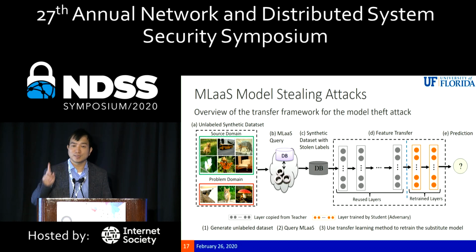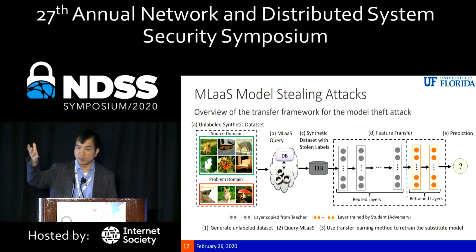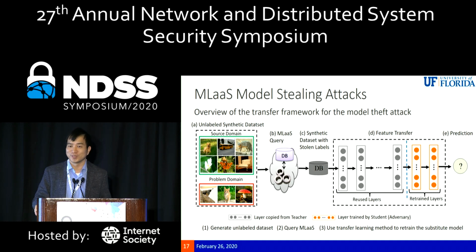And here is another interesting challenge we try to solve: how do you pick the local model? Because if we want to steal the model in the cloud, we need to have a local model. And our result proves that any local model should work. That's an interesting part. We want to look further into why a DNN model can work in this transfer learning style, and why it would work theoretically. But our finding is that any of the complex local substitute models should work.